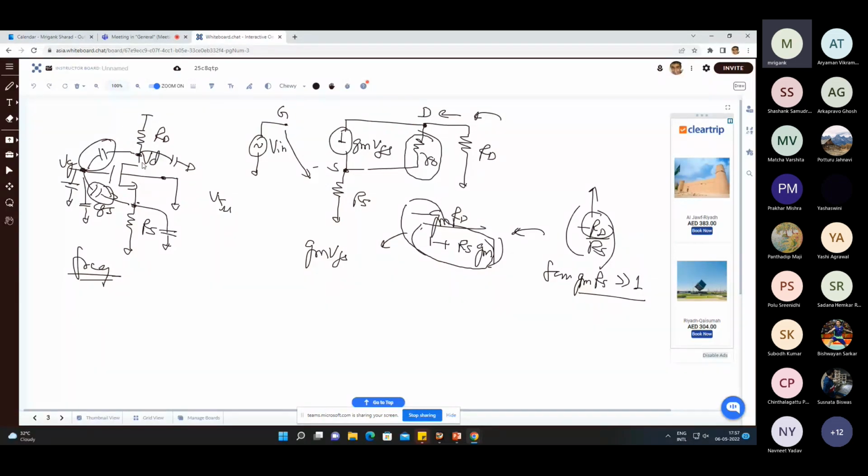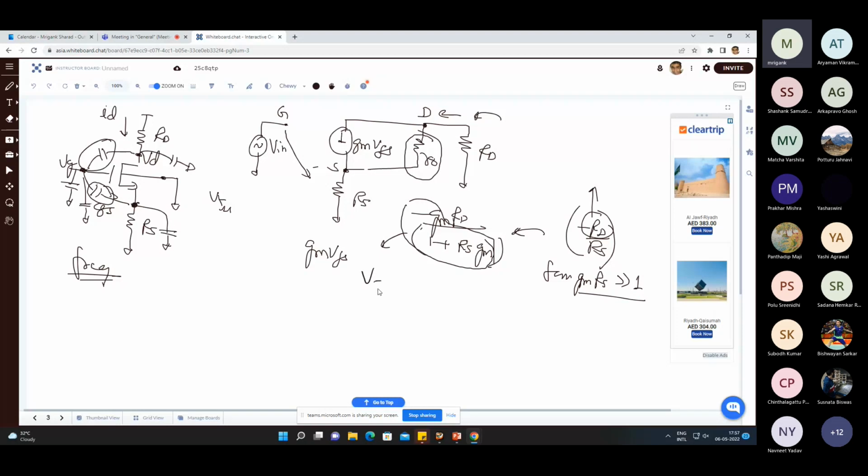Whatever is the small signal current, that multiplied by RD will give you the small signal voltage. In this case, the factor which is coming is this. The small signal current is actually given by this circled expression, and that multiplied by RS will give you the gain of the voltage at this point.